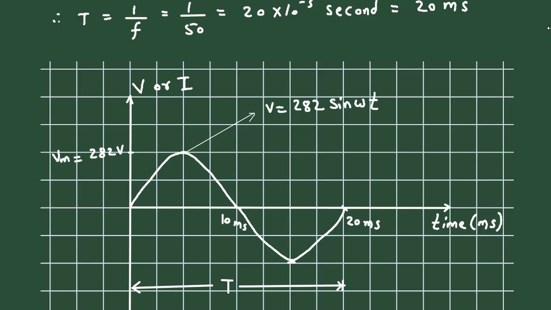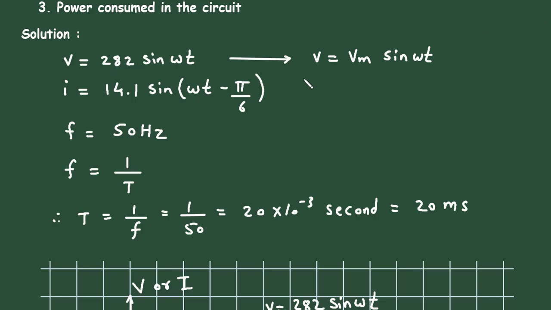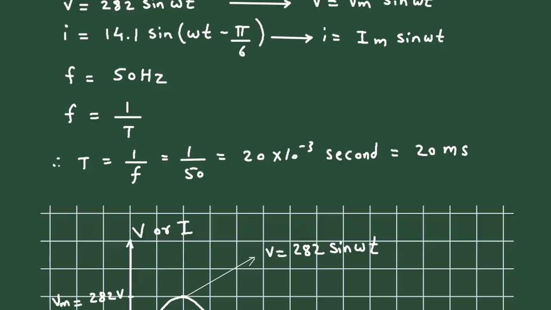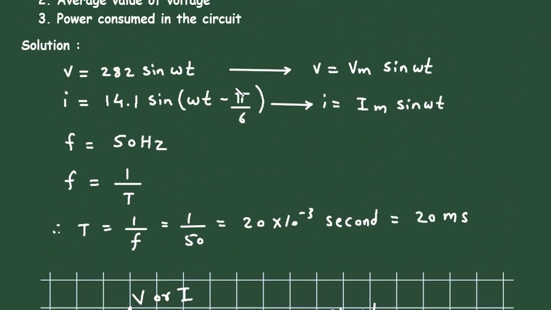Then next we have to draw for current. For current, it will be again I is equal to Im sin omega t. Here also the maximum value Im is 14.1. And here the phase angle is also given, it is minus pi by 6.